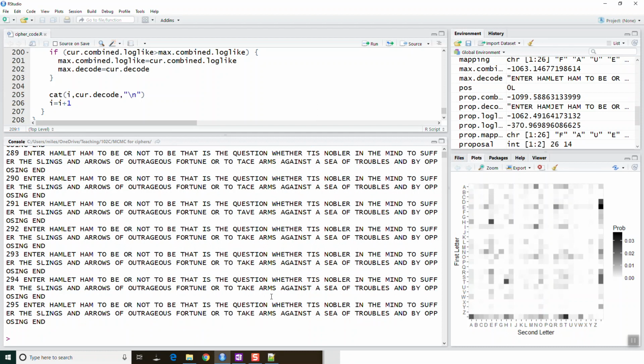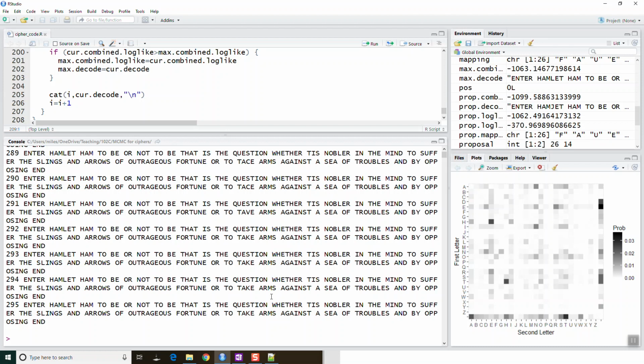but I hope this was at least an interesting and enjoyable application of the Metropolis algorithm, showing a situation where we never calculated the normalizing constant, because the true probability distribution over the space of all 26 factorial possible mappings is something very complicated that we'll probably not have the power to calculate straight up.